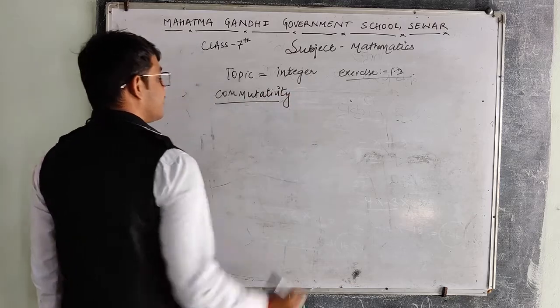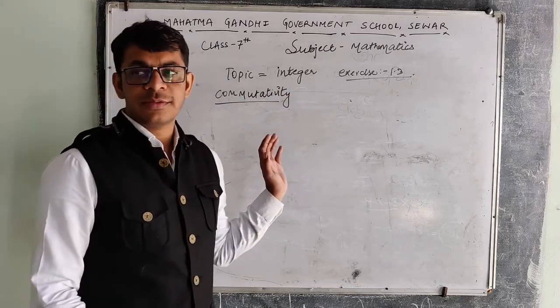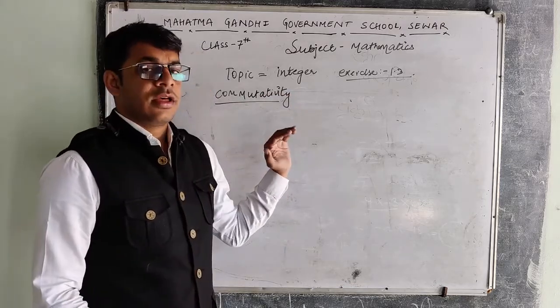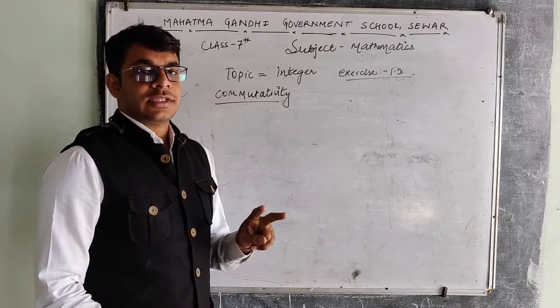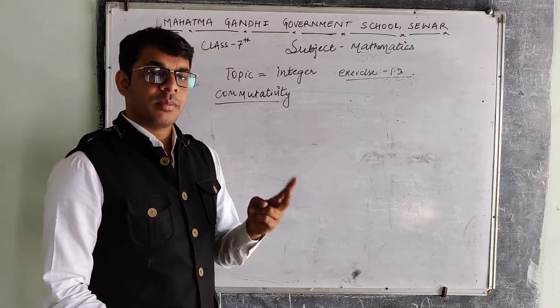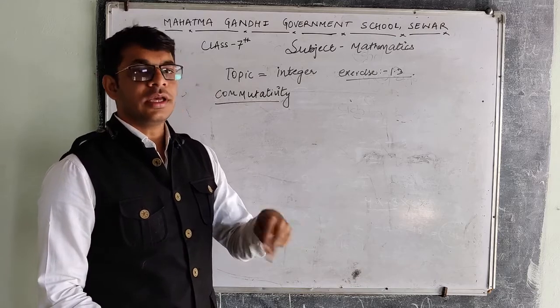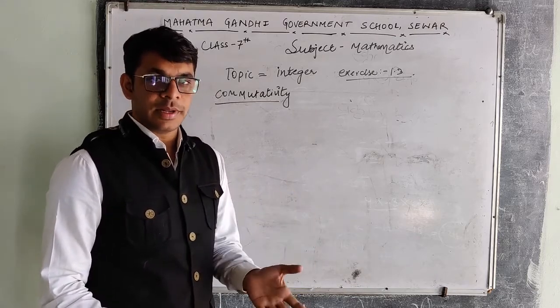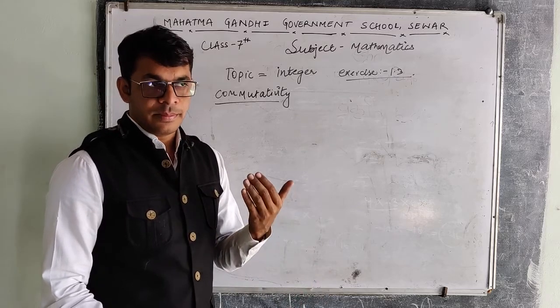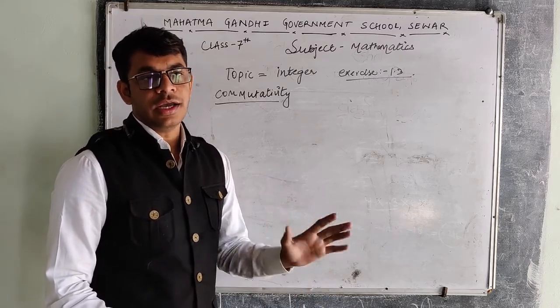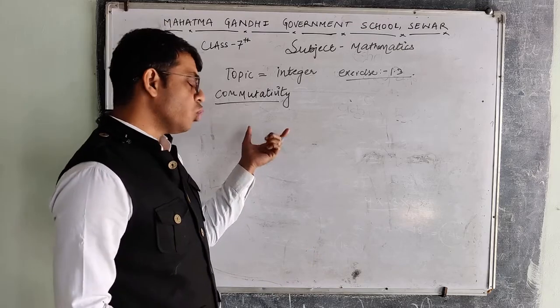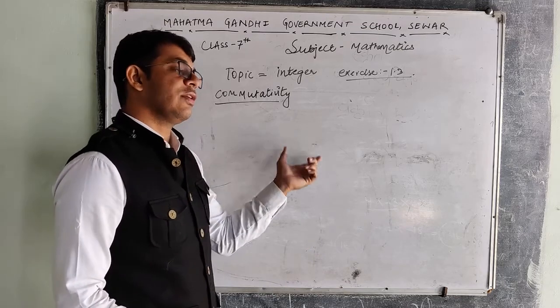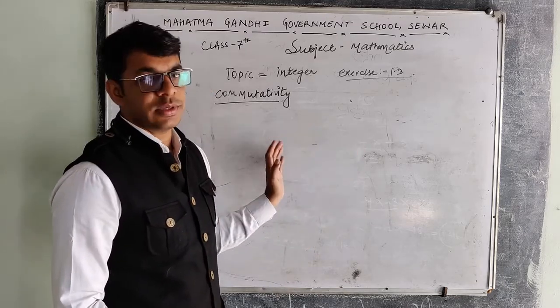What is commutativity? It means that when any two integers are added or multiplied, the result should always be an integer, after a multiplication or after a subtraction or after an addition. It means if we take two integers, the result will also be an integer.